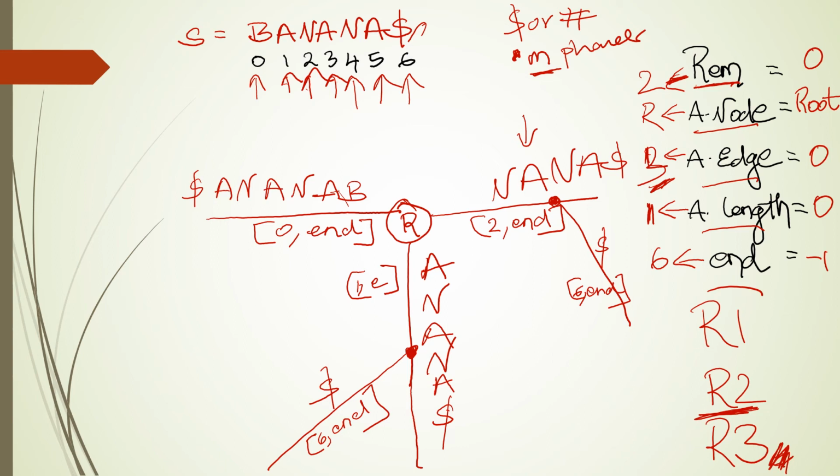We cannot see that here. So it's pointing to A, we know that. So active edge is 3 this way and it's pointing to A. So this is the one. And do you find a dollar here? No. So we just add another node here and a leaf which has dollar now.